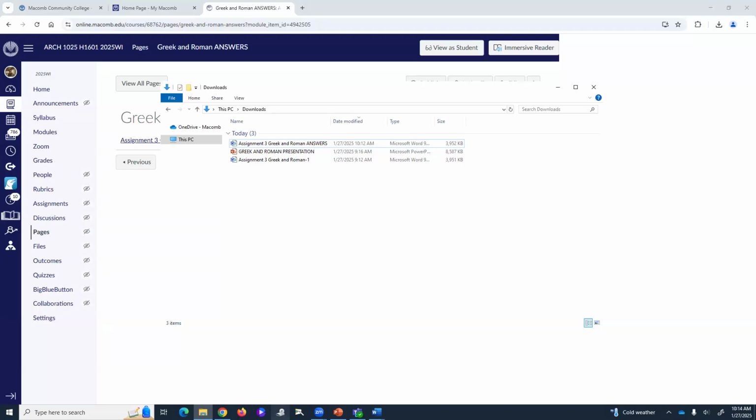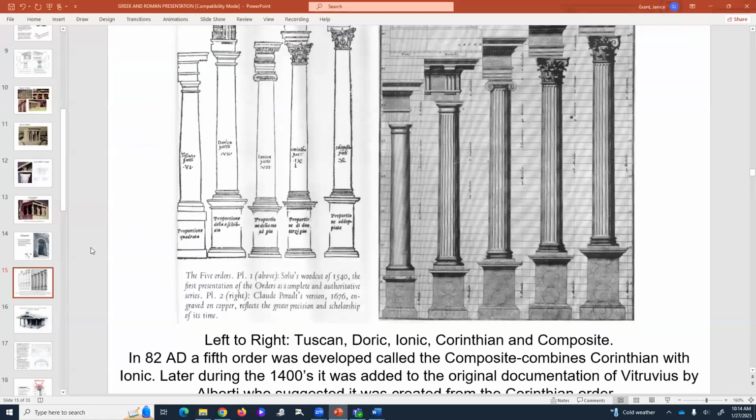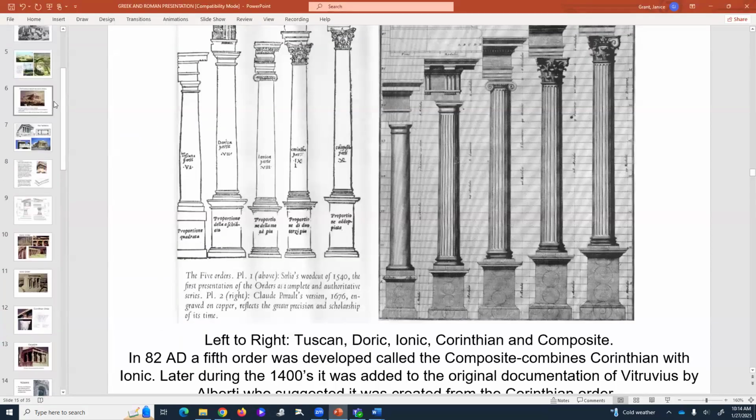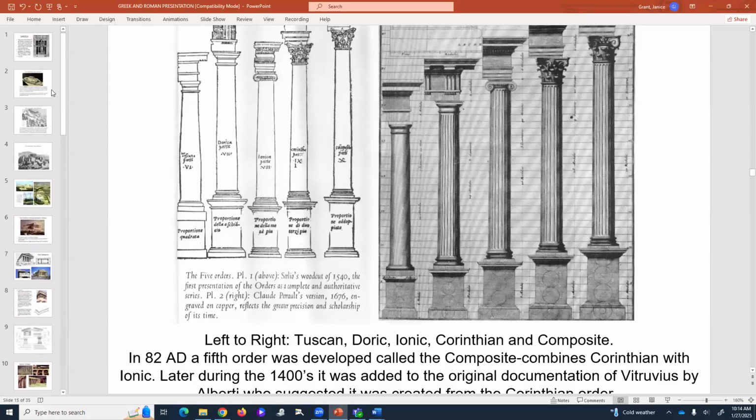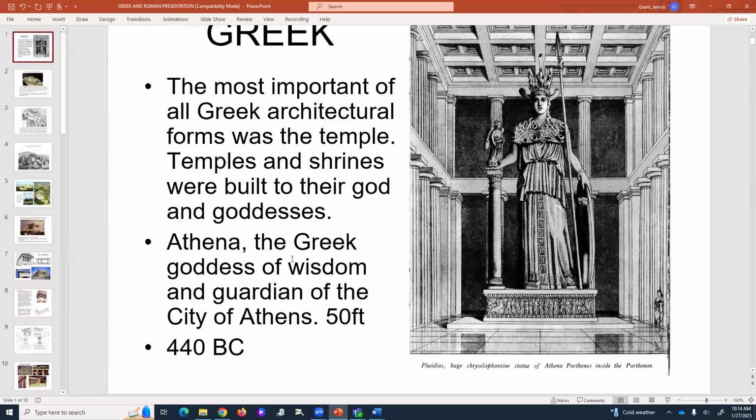Back where there's Athena, back. Yeah, I'm looking at the slide. Yeah, this is good. I'm glad you're asking. Is it 13? No, I'm looking at a different slide.